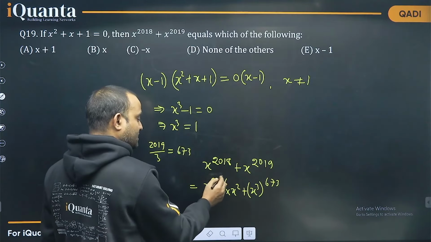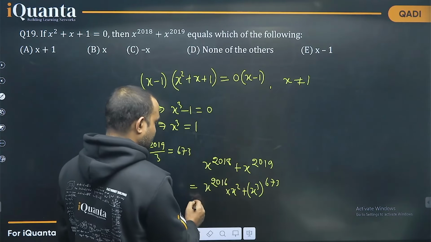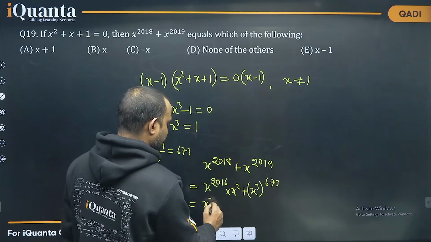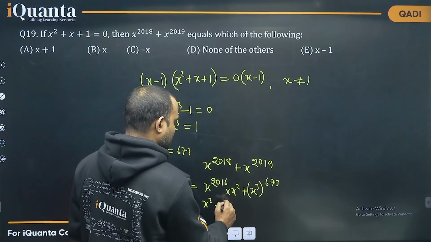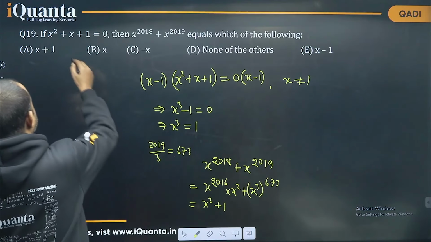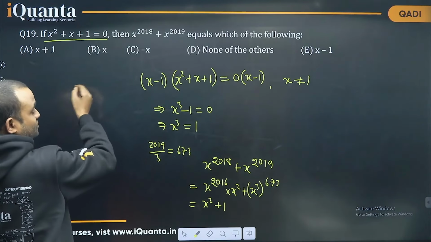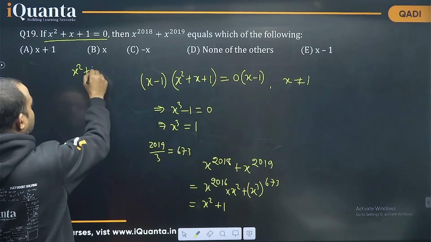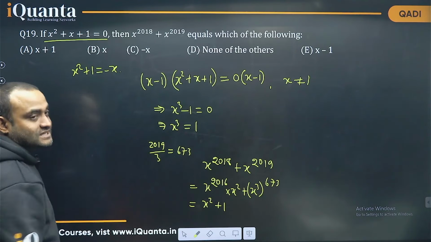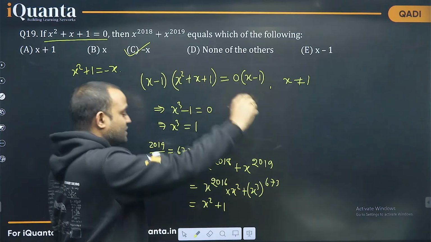Now 2016 is also a multiple of 3, so this will become 1, and this will be x square plus 1. Now we know that x square plus x plus 1 is equal to 0. What can we say about x square plus 1? That will be equal to minus x. So the answer is nothing but option C.